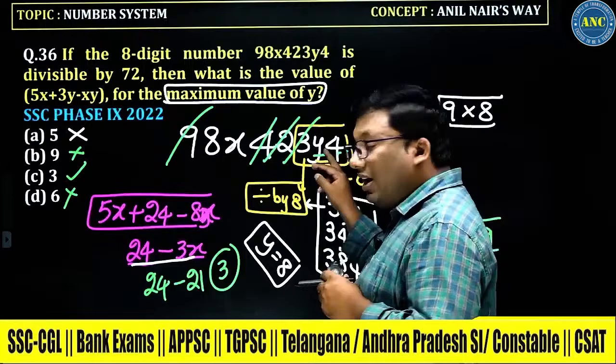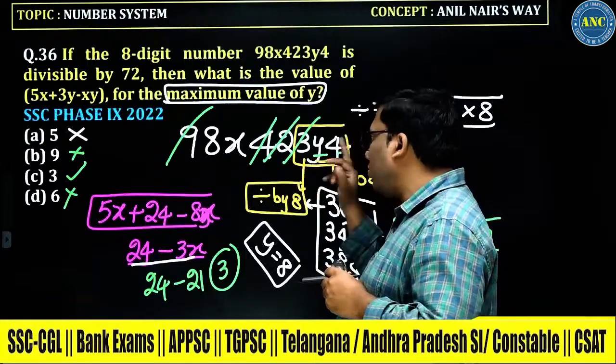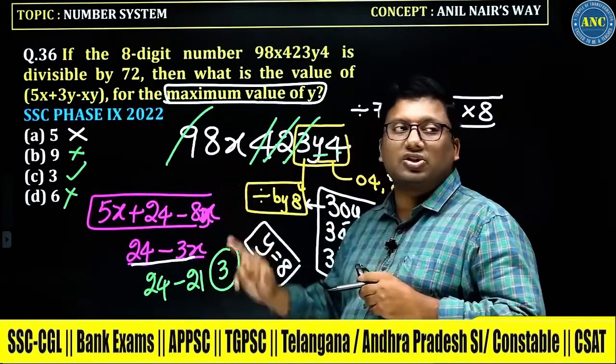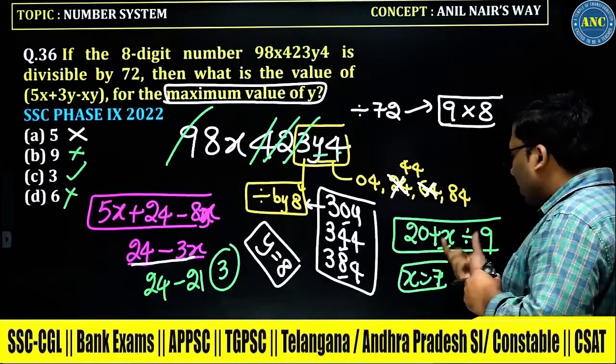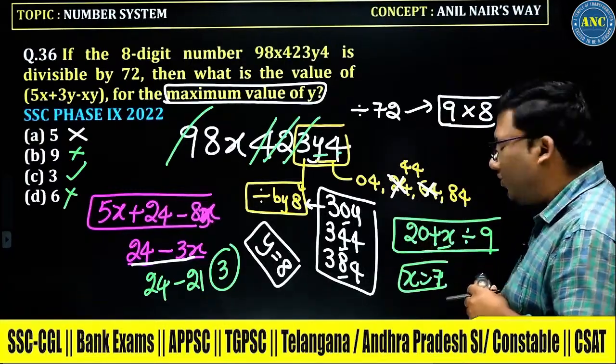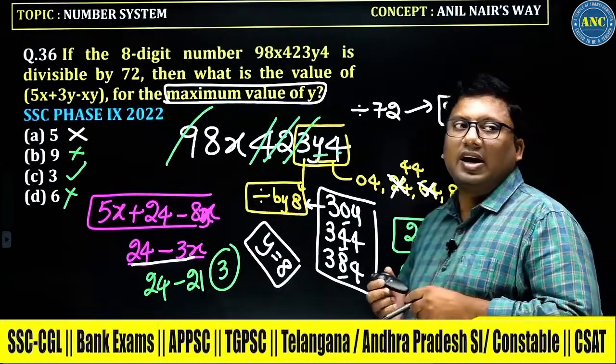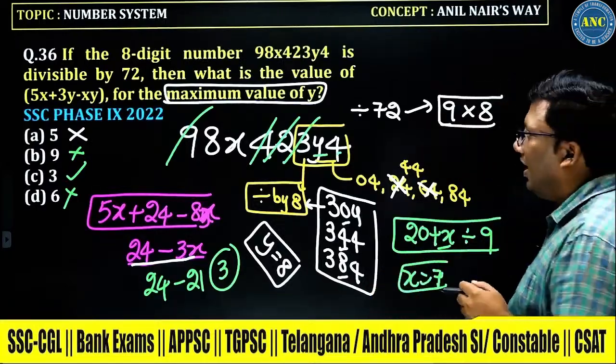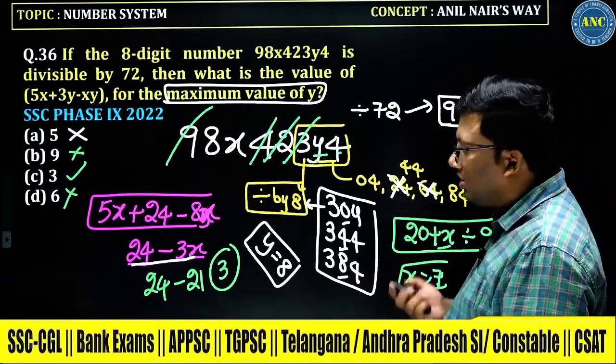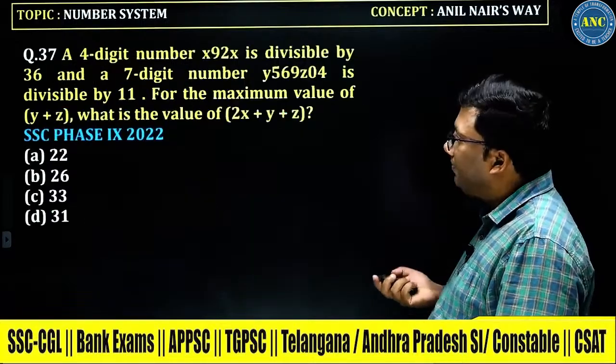The sum of the digits should be divisible by 9, so I got 20 plus x divisible by 9. x will be 7. I hope the idea is clear. Good question. The answer for this question is 3.